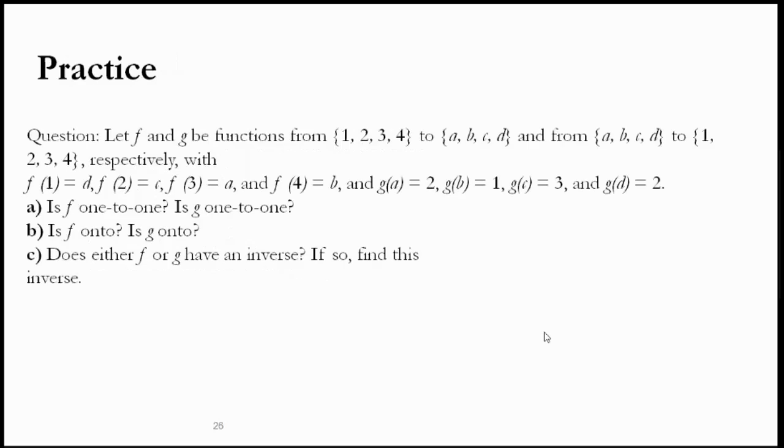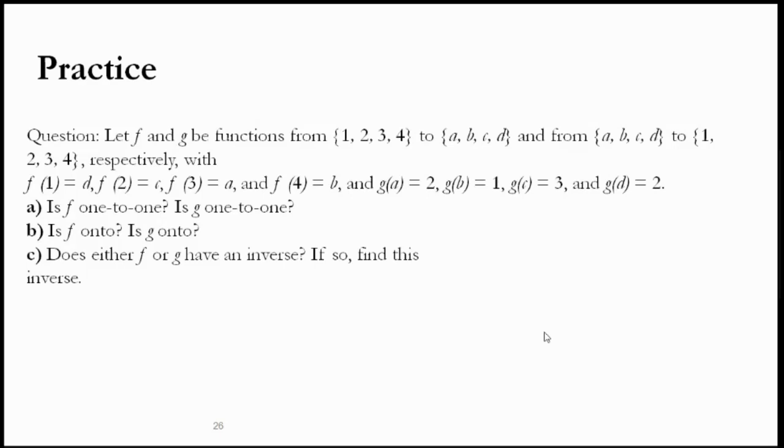And here are some practice questions for you. Let f and g be the functions from 1, 2, 3, 4 to a, b, c, d, and from a, b, c, d to 1, 2, 3, 4 respectively. Here the domain is 1, 2, 3, 4 and the codomain is a, b, c, d, with f of 1 is equal to d, f of 2 is equal to c, f of 3 is equal to a, f of 4 is equal to b.